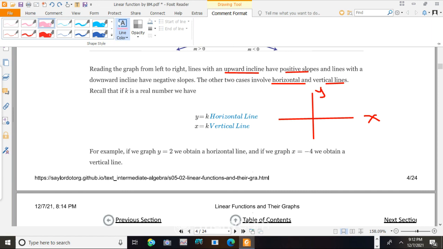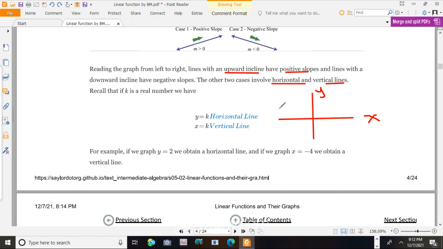It is not a zigzag line, simply a horizontal line from one point to this one. This is y equal to k, whereas the other is x equal to k, some constant.